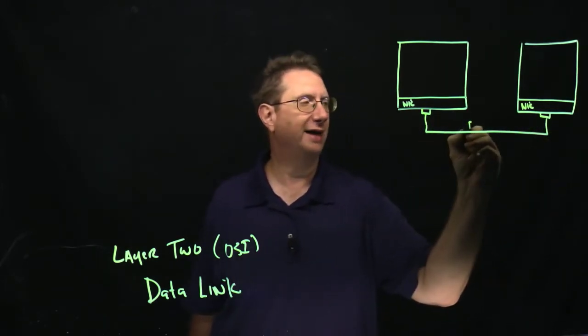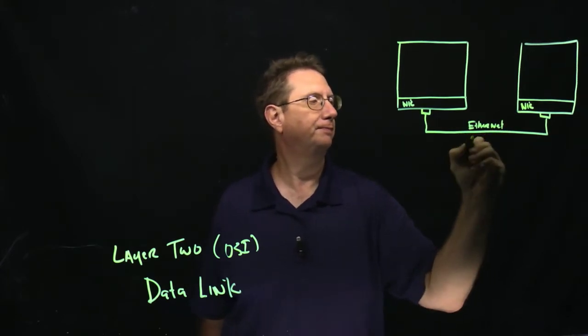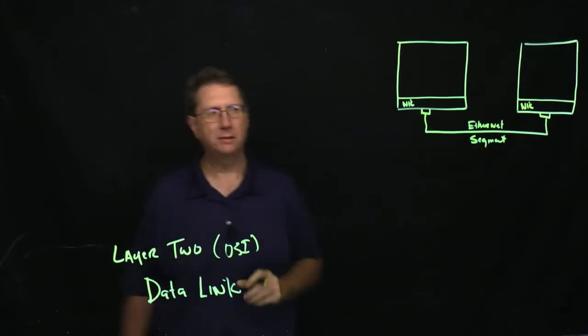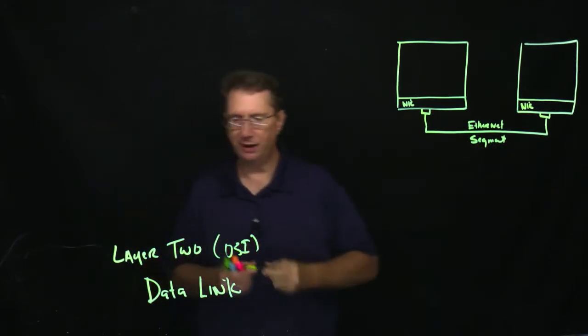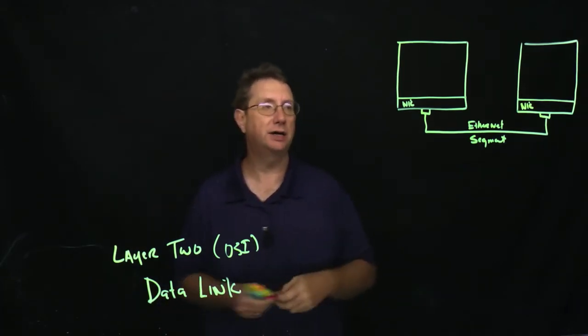So this would be, as an example, my Ethernet segment. Now, with this configuration in place, we now need to understand what the data link layer does for us.